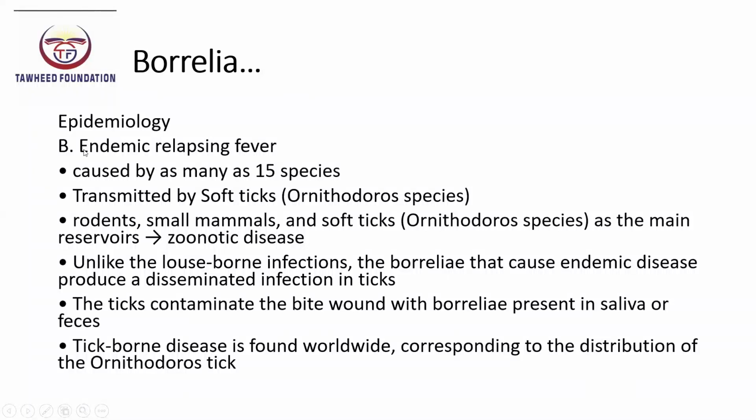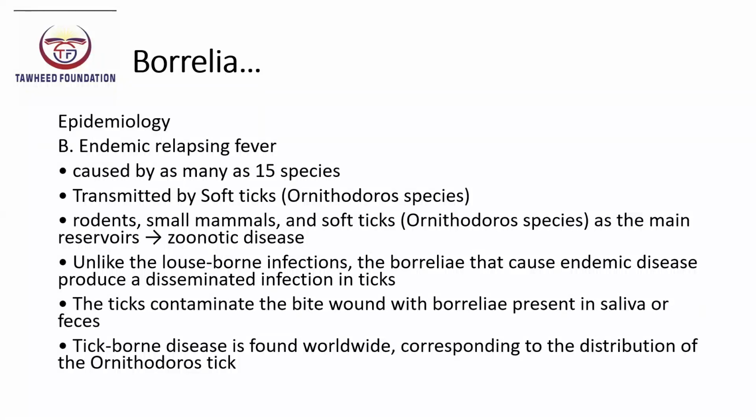Next is part B, which is endemic relapsing fever. It is caused by multiple Borrelia species, up to 15 different ones. The disease is transmitted by soft ticks belonging to the genus Ornithodoros. These ticks act as both vector and reservoir, along with rodents and small mammals.